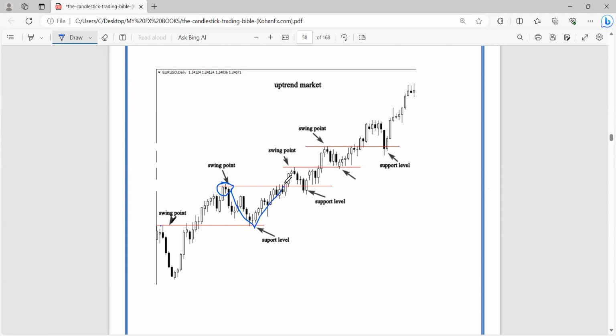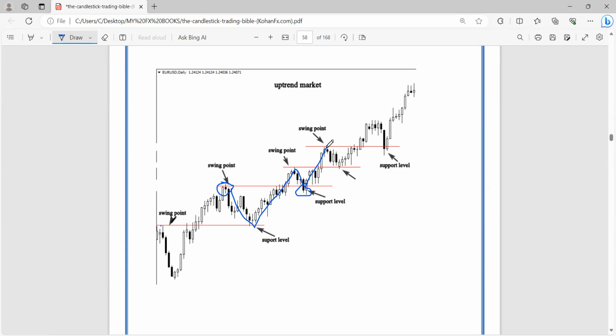And when it broke that level and came back to it, this resistance changes its name to a support level. Once this happens, you expect the market to do what? Move upwards.